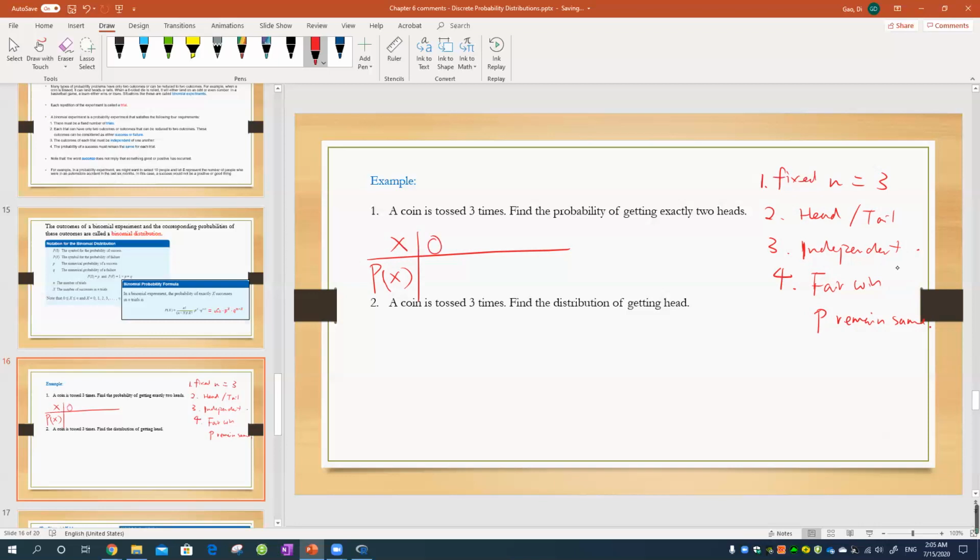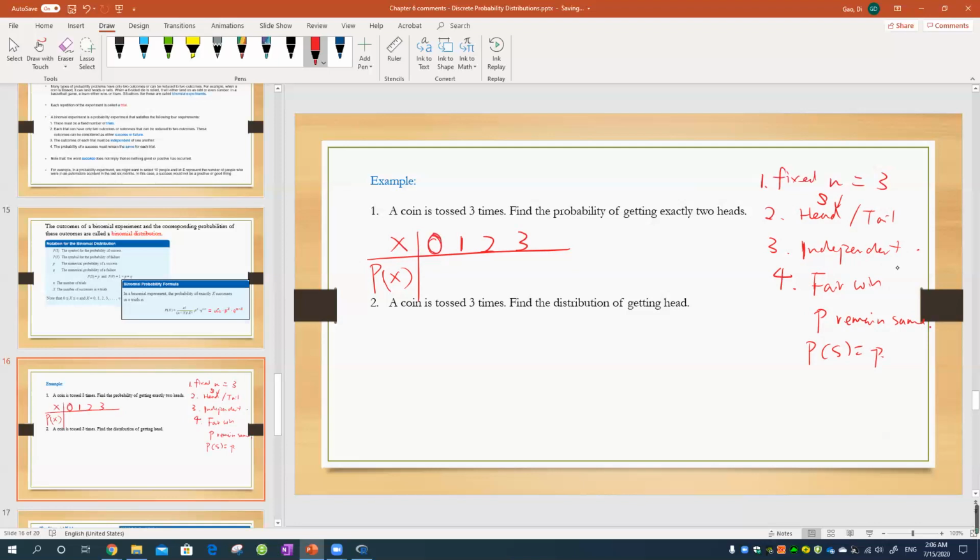All 3 tails, that's no heads. You can have 1 head, 2 tails. You can have 2 heads, 1 tail. And then you can have 3 heads. So x is the number of heads. Head is now the success we're looking at, and the probability of success equals little p. That's the setup.